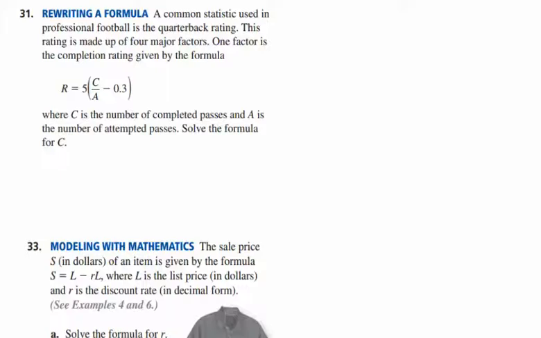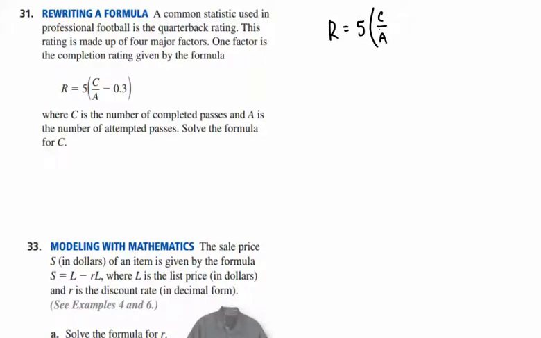0.3, where C is the number of completed passes. So the rating is equal to 5 times the number of completed passes divided by the number of attempted passes minus 0.3. And so what we want to do in this particular one is to solve for C. And so 5, what would we use this for?